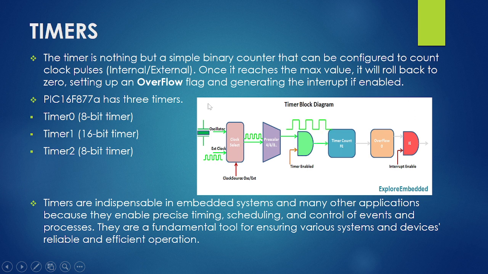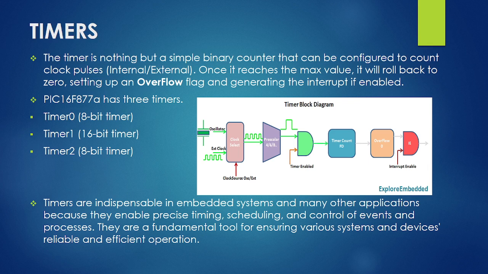So this is the flow diagram, which can be easily seen, through which we get even more clarity. This is the external clock, this is the oscillator, this is the clock select, through which a clock signal is generated, and then we use a pre-scaler. And after using a pre-scaler, we are counting the time until it reaches its maximum value.